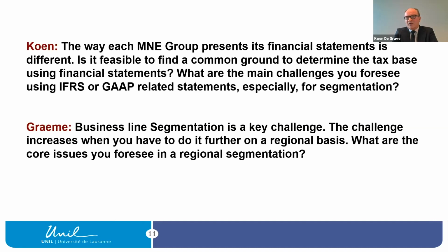Pillar 1 addresses two main activities, but of course, an international group can do other activities as well. So that's one reason. Another reason is that even within those activities, you could have different profit margins. So proportionally significant differences in profit margins also make segmentation relevant for the purpose of calculating amount A.